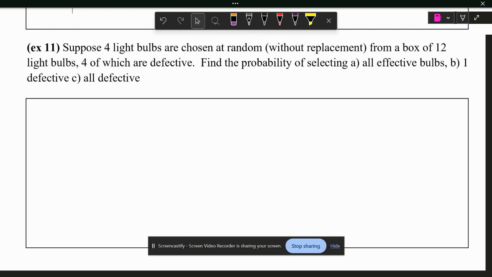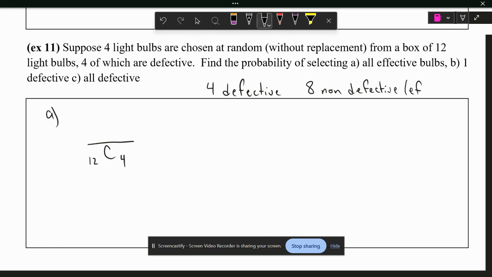So the way that this works is I have 4 light bulbs that are chosen at random from a box of 12. So first off, probability. I have 12 things. I'm choosing 4. And letter A, I want to find out if they're all effective bulbs. Well, it says 4 are defective. That means that I also have 8 non-defective, or effective.